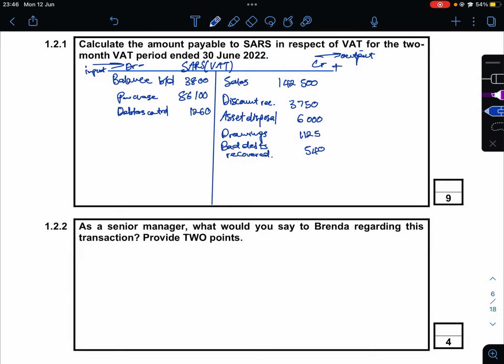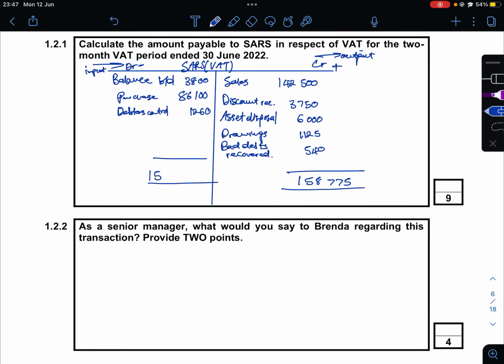And then you can obviously see that your credit side is much bigger than your debit side. And then you calculate the total on your credit side, which is 142,500 plus 3,750 plus 6,000 plus 1,125 plus 540, and I'm getting 158,775.